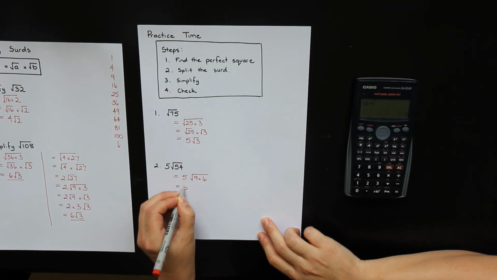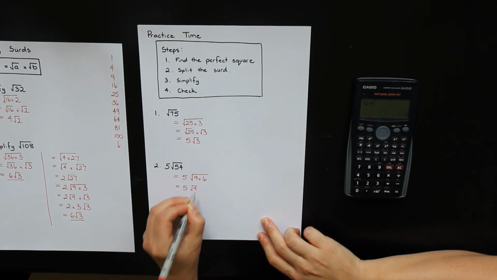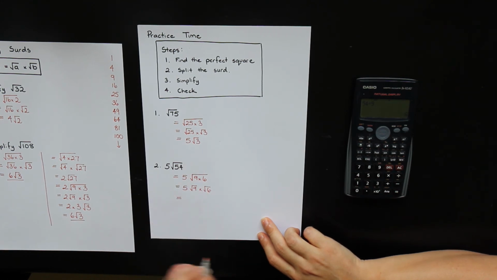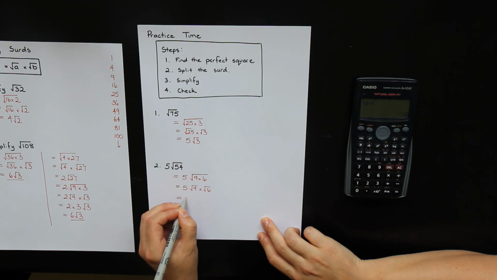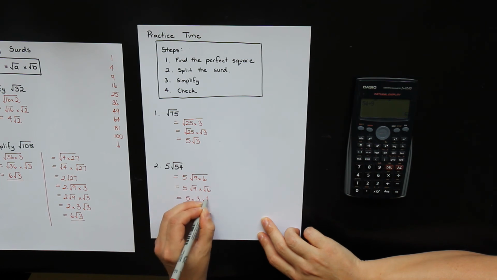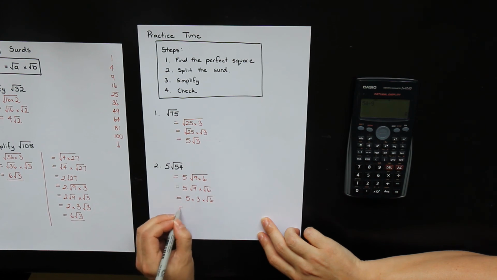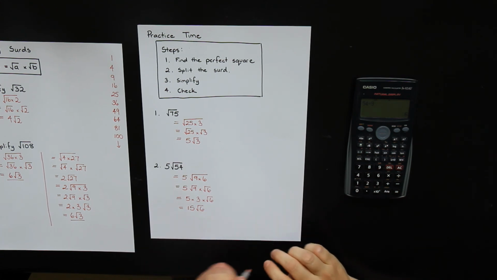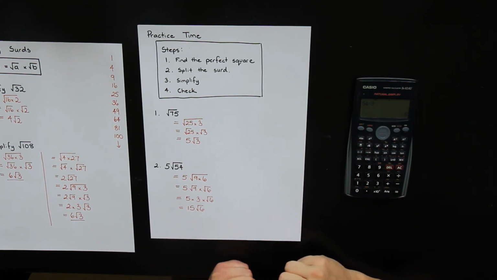Split the surd to be square root of 9 times square root of 6. And then we square root the 9 to get a 3 times square root of 6 times the 5 with the 3 to get 15 square root 6. And that is as simplified as it gets, so we're finished.